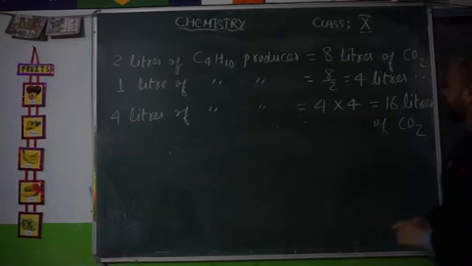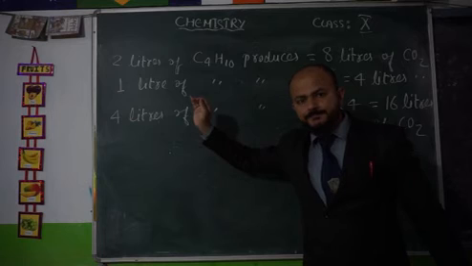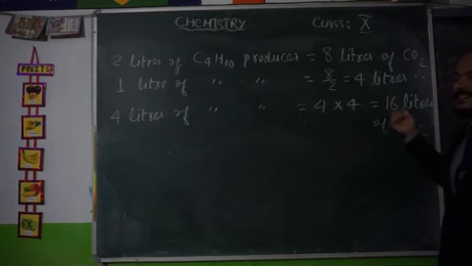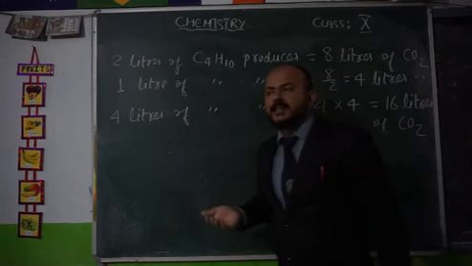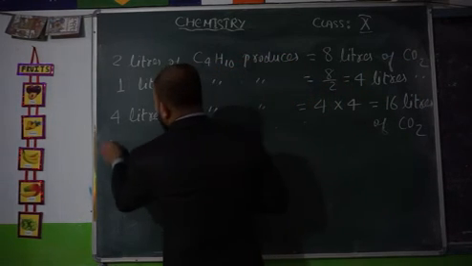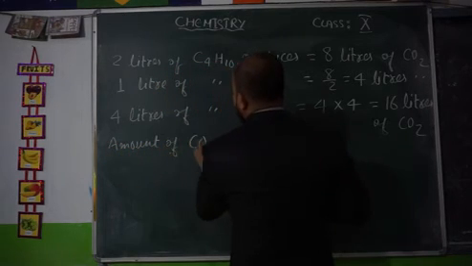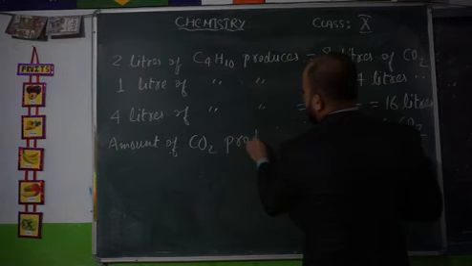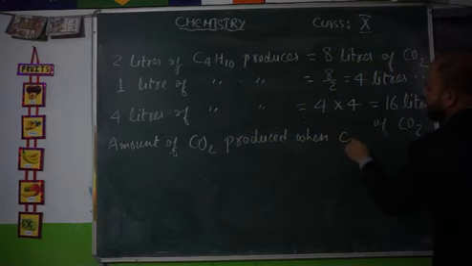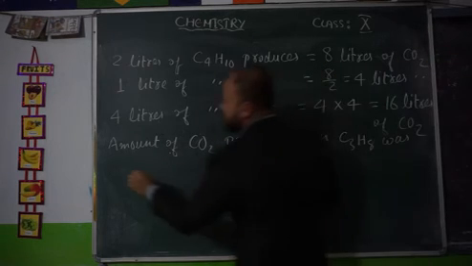So you can see here that whenever 4 liters of butane is combusted, then the amount of carbon dioxide that is produced is what? 16 liters. And previously we had calculated for propane. For propane, we had the amount of carbon dioxide produced when C3H8 was combusted. What was the amount?